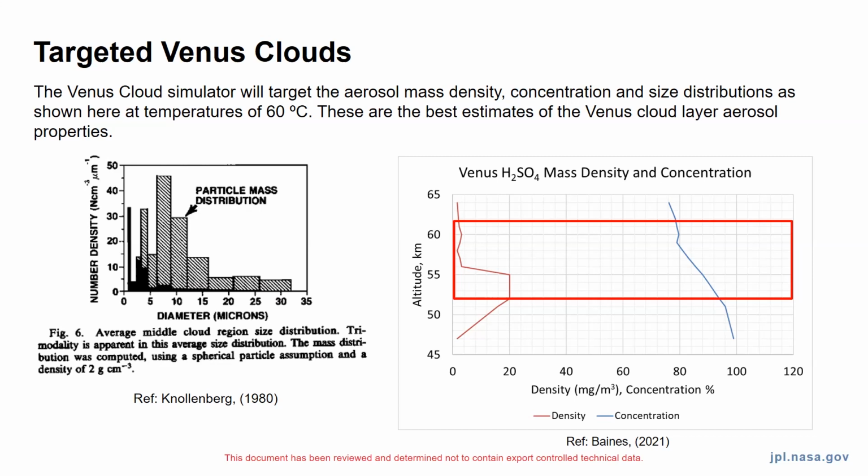And so over to the left, we have the particle distribution that we're aiming for in our Venus cloud chamber. And then to the right, we have the mass density and concentration that we'll be looking at hitting. We're going to be looking at simulating clouds from about 50 kilometers to a little bit above 60 kilometers in our cloud chamber.